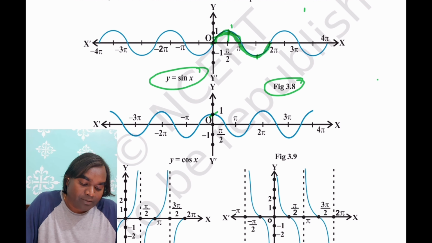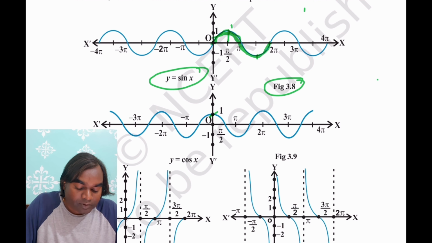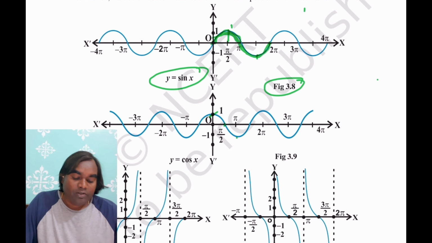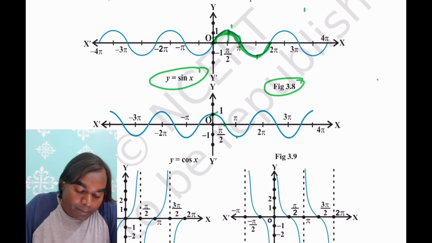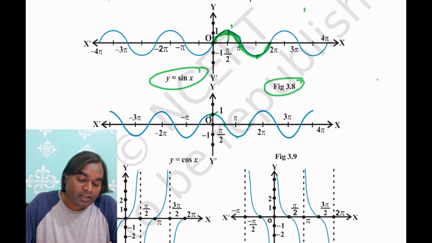So as we move from 0 to pi by 2, the value of cos x goes from 1 to 0, and from pi by 2 to pi, it becomes minus 1, and from pi to 3 pi by 2, it becomes 0 again. So it completes one cycle.